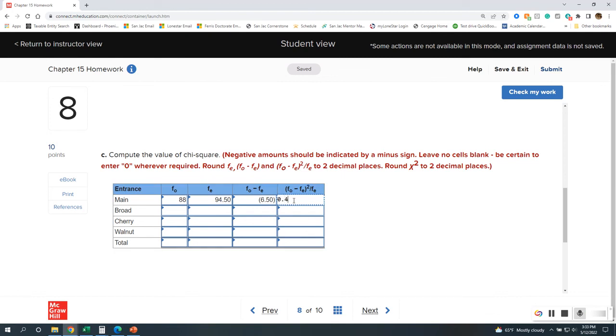So 0.45. Broad was 83. 94.50. Okay, cherry 103. 94.50. Okay, 0.50.